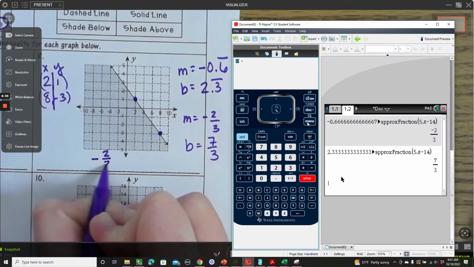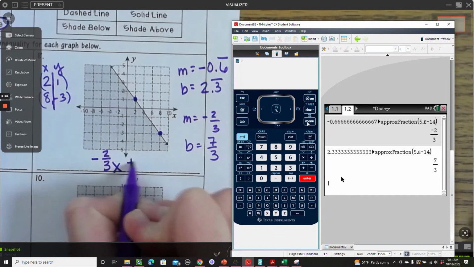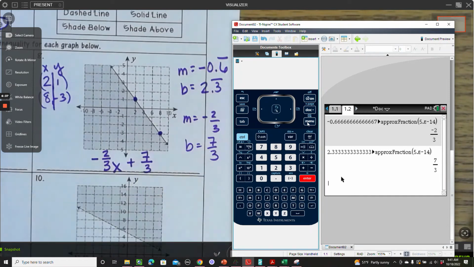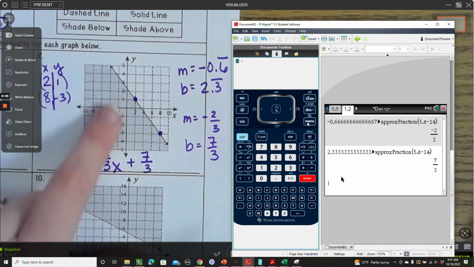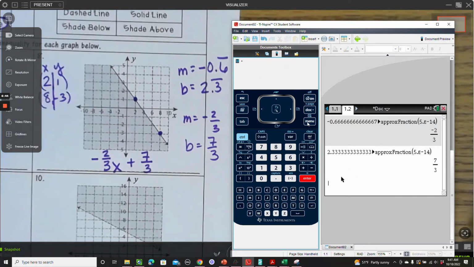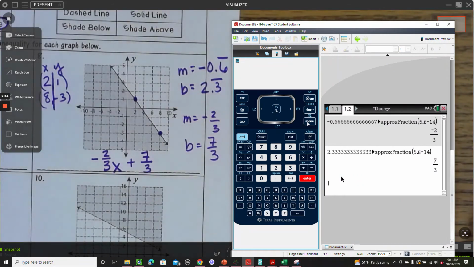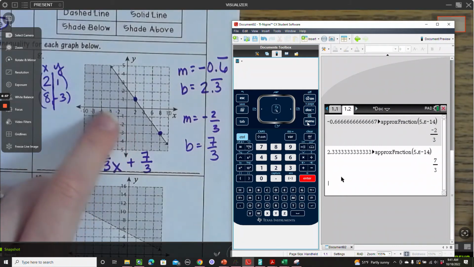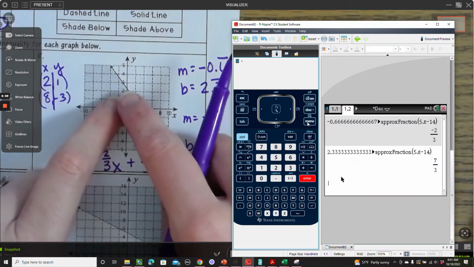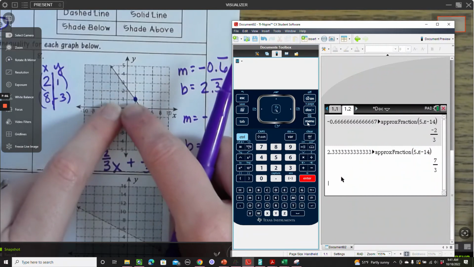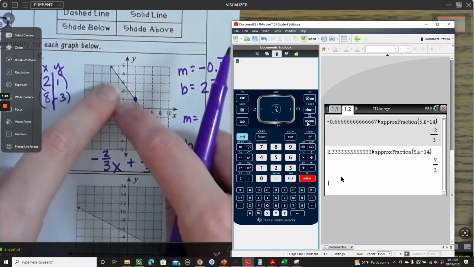So I can write the back half of my equation. Slope first, then the y-intercept. All right, when I'm shading over here, I'm shading below the line. It's hard to tell on this one where you're shading, but this is below. The reason it's below is because all the y values keep getting lower and lower.